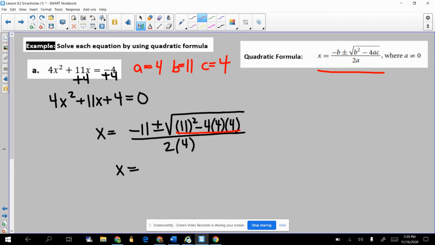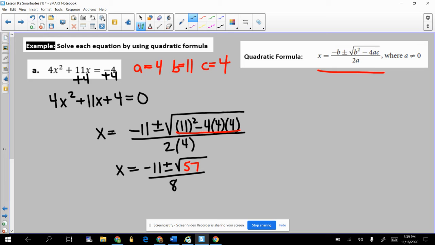And you can do it in parentheses just how I have it written. And you should get that that equals 57. So now we're going to rewrite this as negative 11 plus or minus the square root of, and remember we did what's under the radical first and we just got 57 in the calculator. And then all over 2 times 4 we know is 8, so we can plug that in as well.